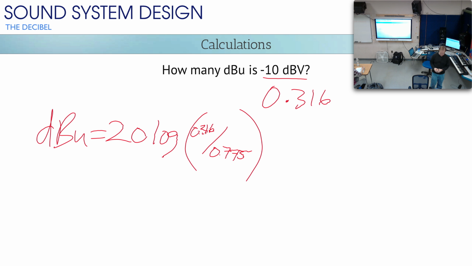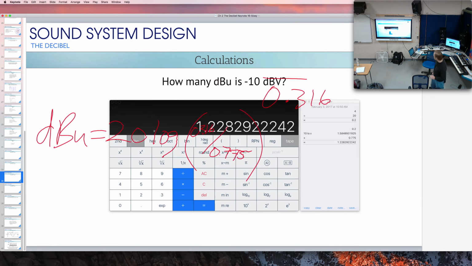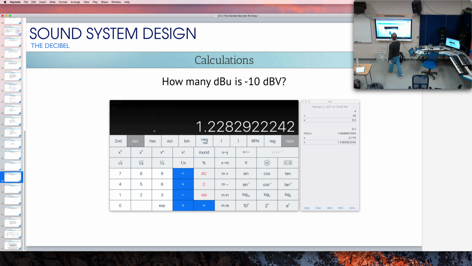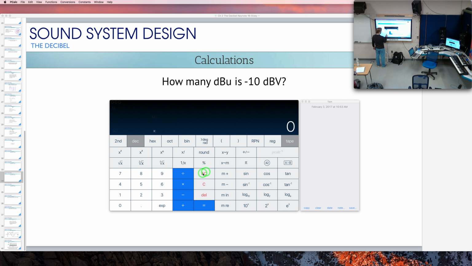Negative 7.79. Let's try it. So I'm going to say 0.316 divided by 0.775 equals 0.408-ish. Log, times 20. Yeah, I got negative 7.79.